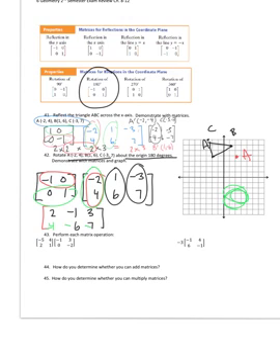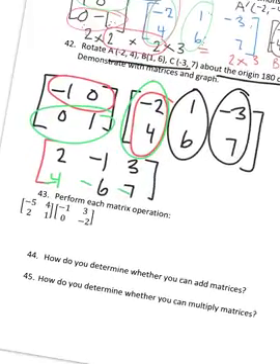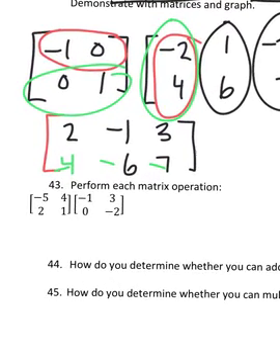Alright, and then 43, perform each matrix operation. So you're multiplying. So you do -5 times -1 is 5 plus 0 is 5. Then you do -5 times 3 is -15 plus -8. -15 plus -8 is -23.